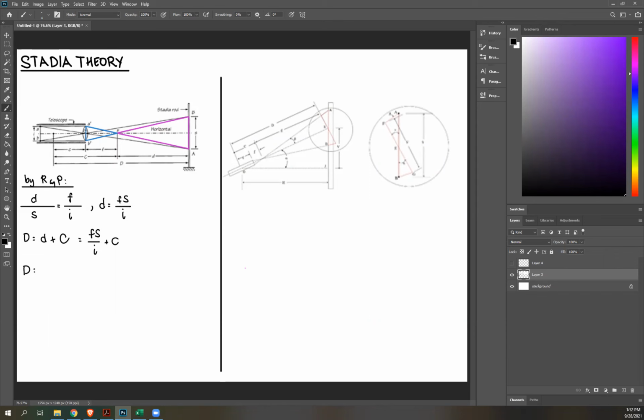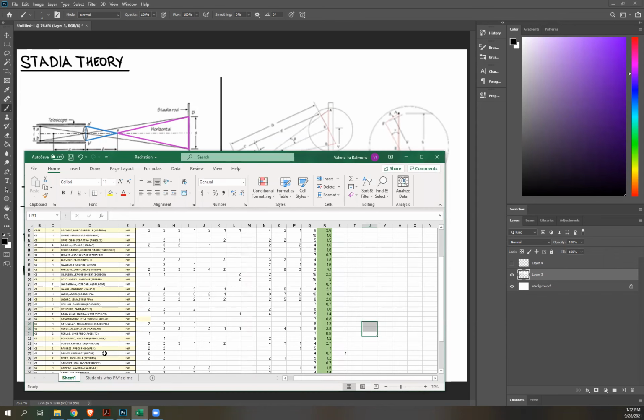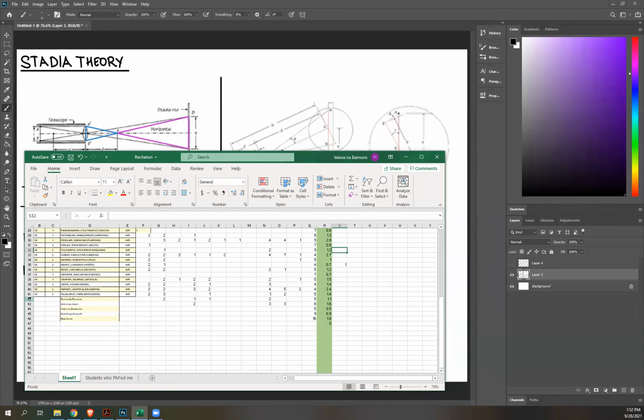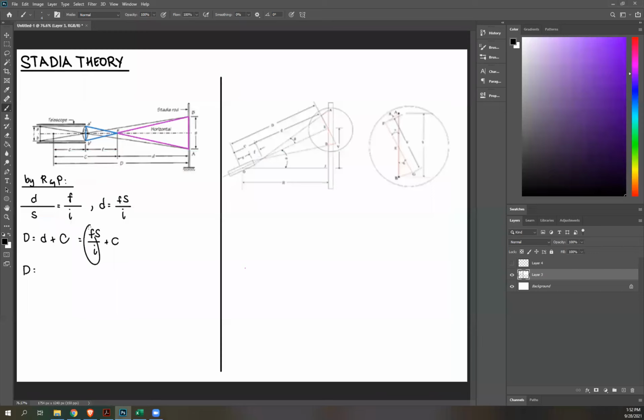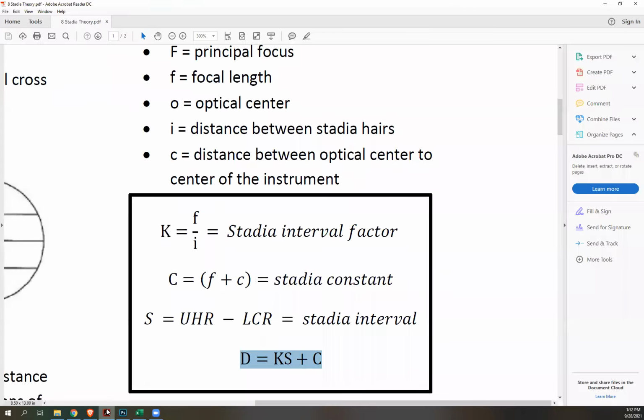Correct, it's K. So I can just rewrite this as K. So D equals Ks plus C. And that is how that equation was formed, Ks plus C.